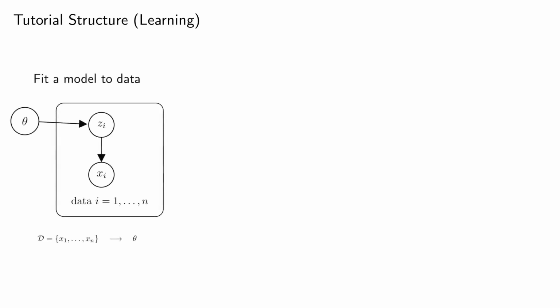Our third task is learning. So that's fitting a model to real data. Representation tells us the form of the model, and learning determines the unknown numerical values and sometimes the structure itself using observations. The parameter theta controls the process that generates hidden states zi and observed samples xi.